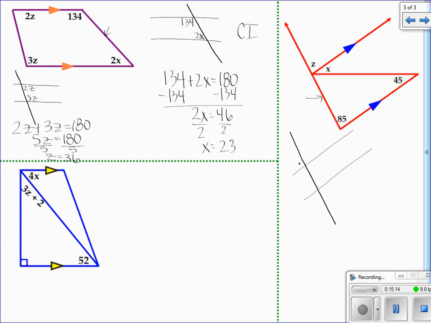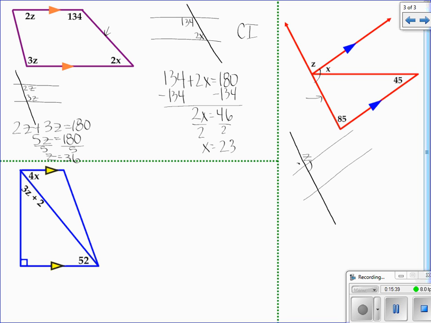Is there something here? What goes here? Z. Okay, is there anything here? This is the angle right here. Okay, so we actually can't put X there. Okay, looking down here, is there anything in this spot? Is there anything in this spot?